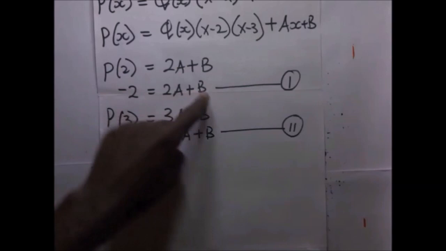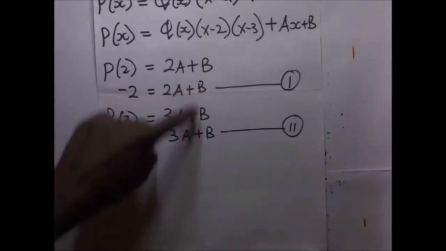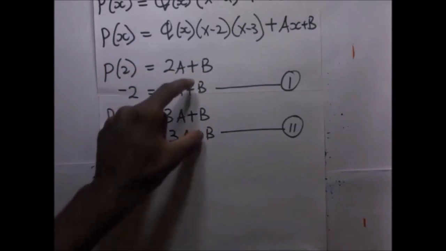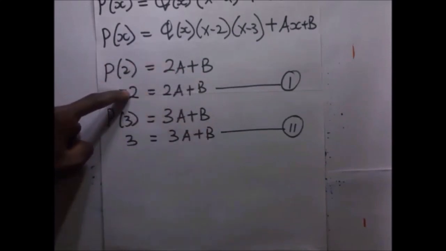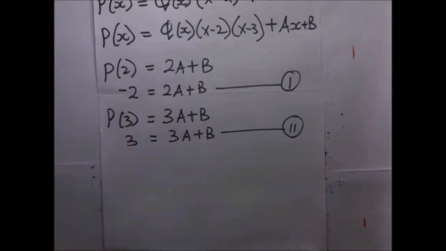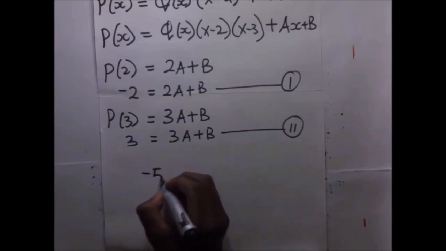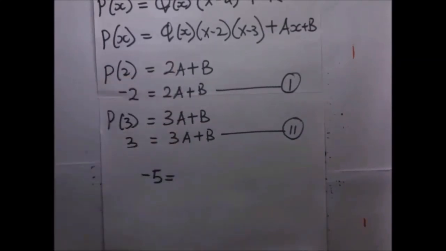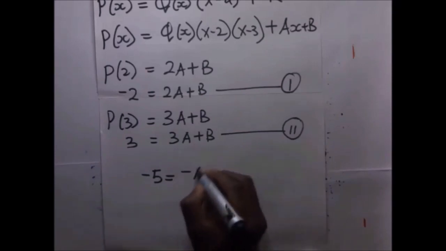What can we easily eliminate? We can easily eliminate b. So we simply subtract this equation from that equation to eliminate b. So negative 2 minus 3 gives us negative 5, and 2a minus 3a gives us minus a.